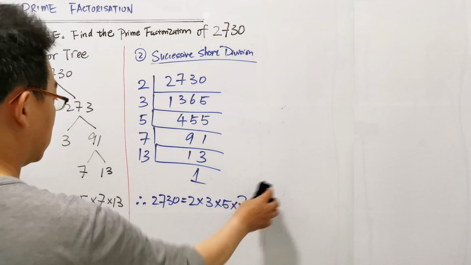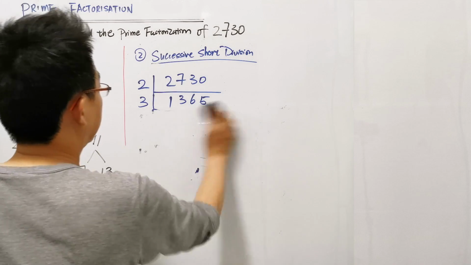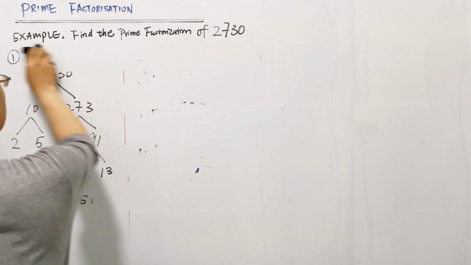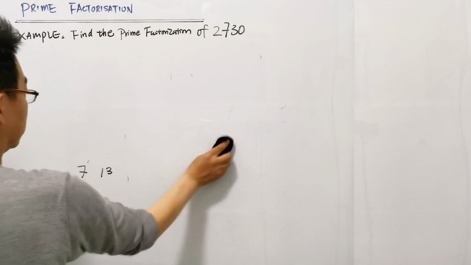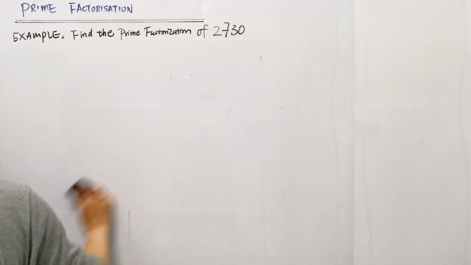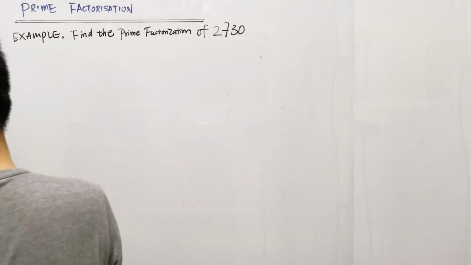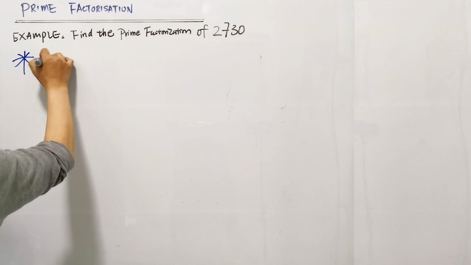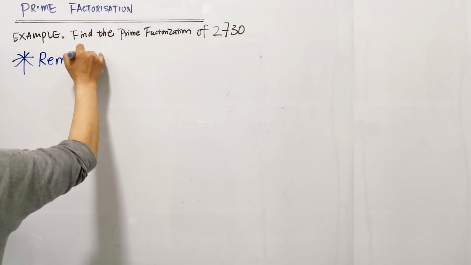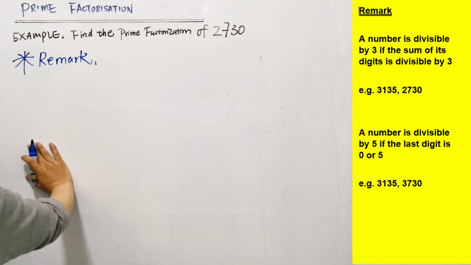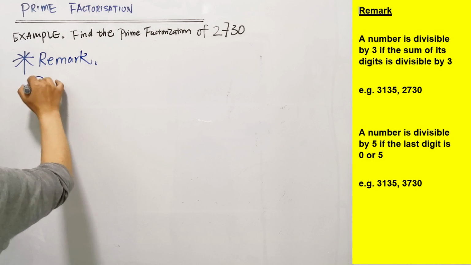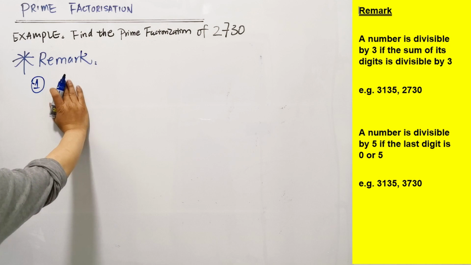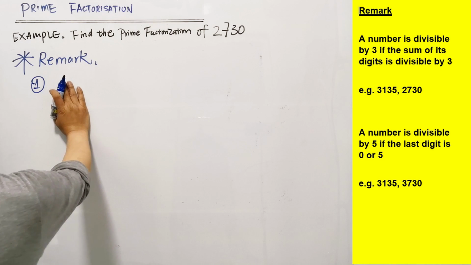After these 4 examples, probably we can just do a simple summary and some remarks. Okay, so let's give some remarks. First one. A number is divisible by 3 if the sum of the digits is divisible by 3.